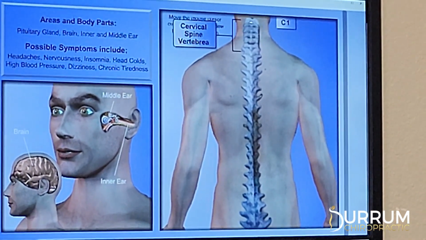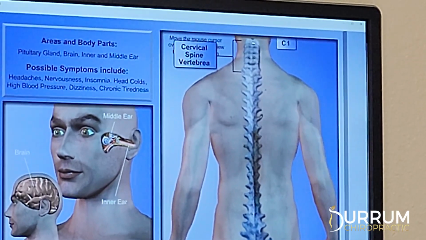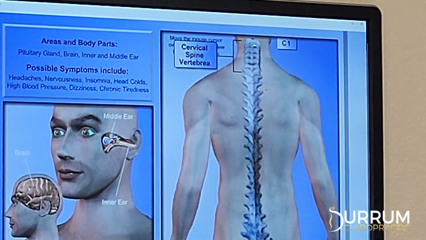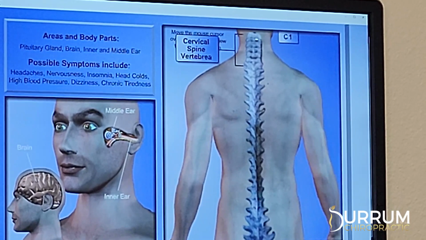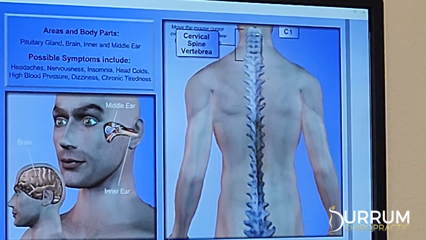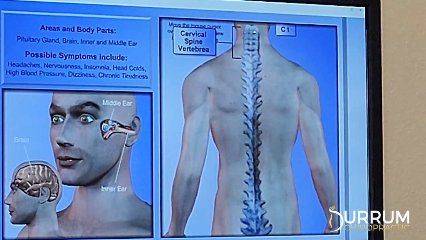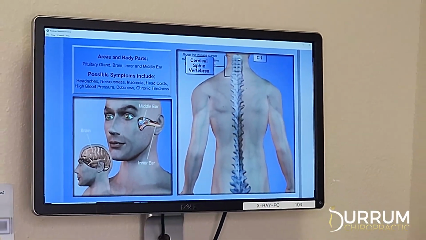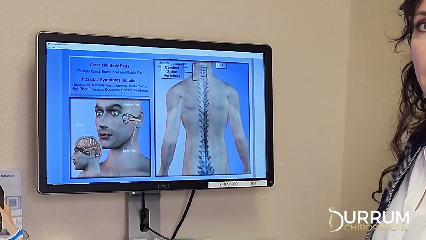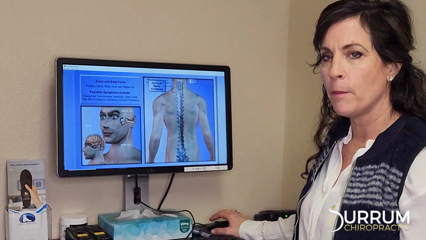So if you have a subluxation up here in this top level of the neck, the cervical region, especially the C1, these nerves impact your pituitary gland, your brain, also your ears, the inner ear, outer ear, so both hearing, balance, equilibrium.